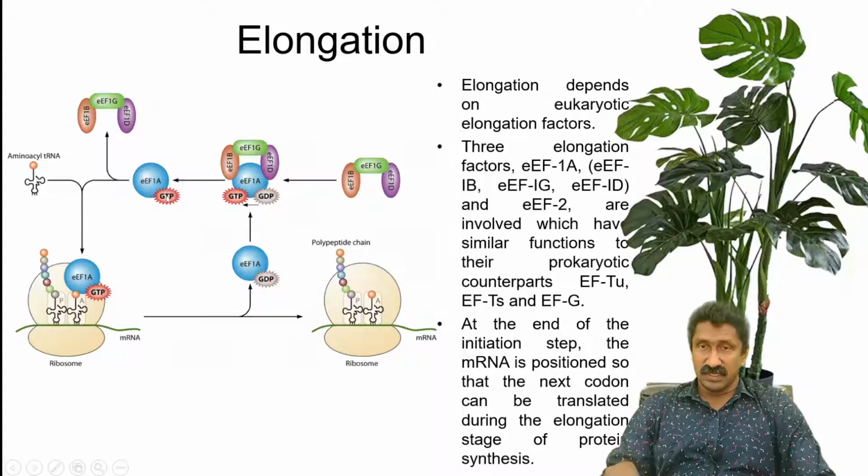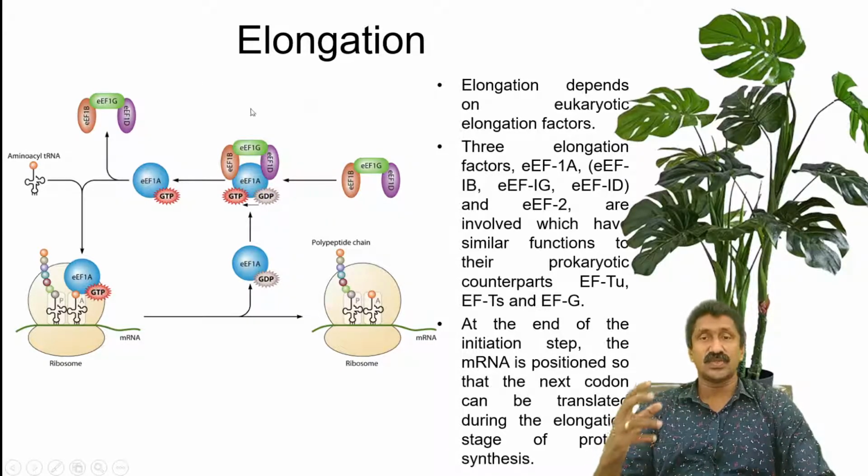Once the GTP is hydrolyzed, you will have the eukaryotic elongation factor 1A GDP complex, which needs to be converted again into a GTP-bound complex by a conversion process. That GDP to GTP conversion and recharging of this factor with GTP is done by this complex. Similarly, in the prokaryotic system, it is the role of the TS factor.